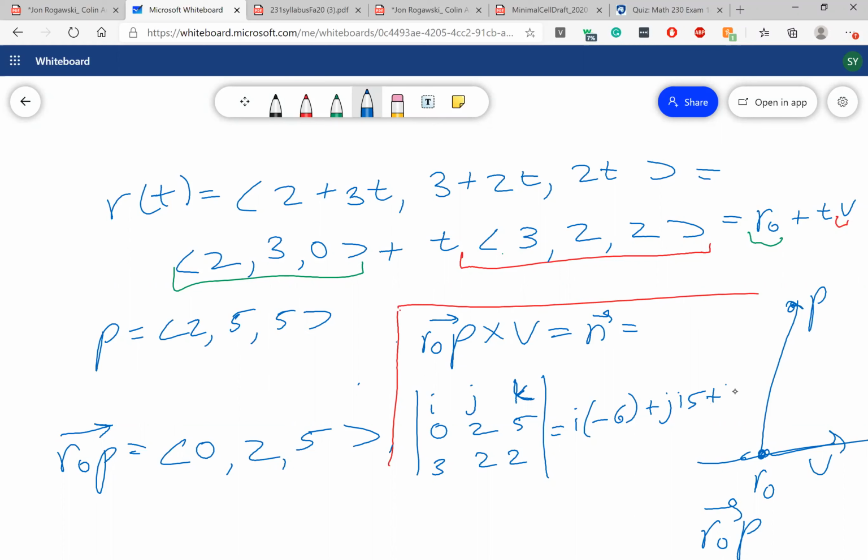Plus k, so that's 0 minus 6. So now we have that our normal vector is equal to negative 6, 15, negative 6. So this is going to be the normal vector to our plane. Any questions about this so far?